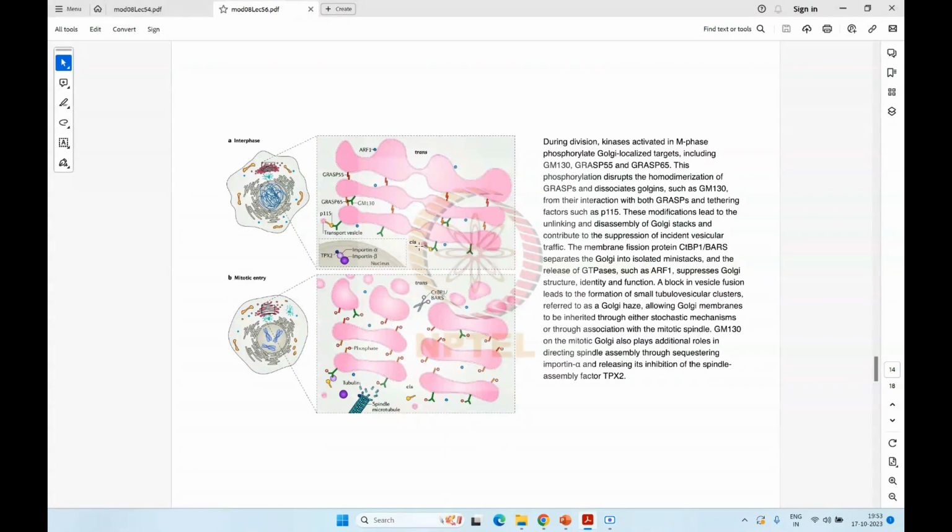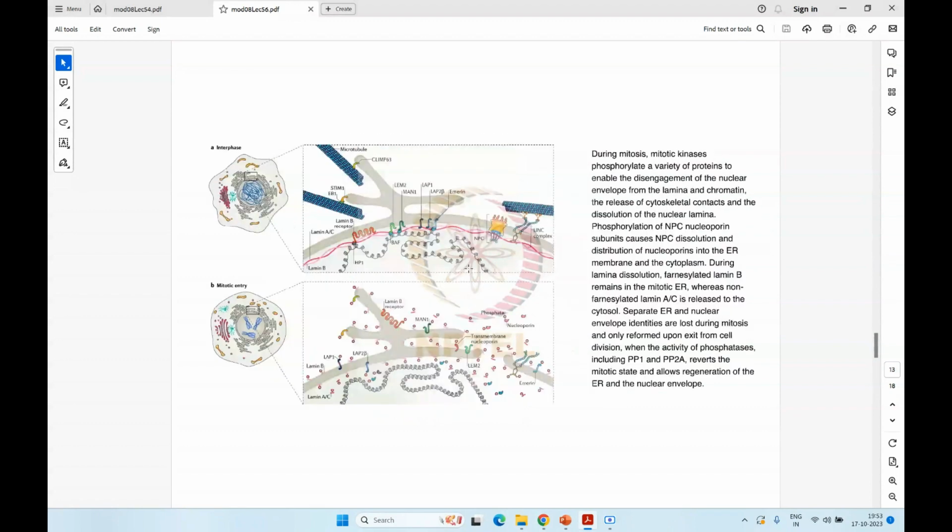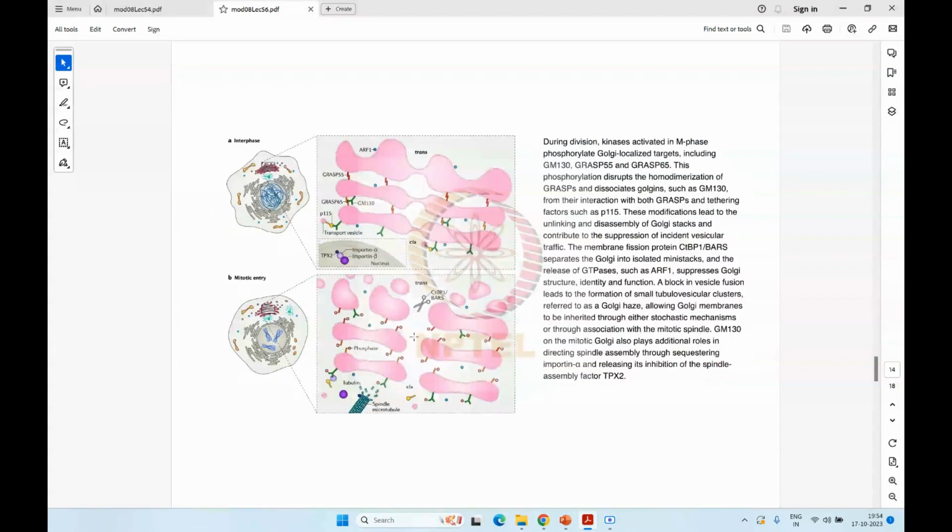The mitotic kinases that activate during the M phase result in dissolution of the nuclear pore complex and the lamins. They are also going to destabilize these proteins that keep the Golgi together, and because of that the Golgi separates out.